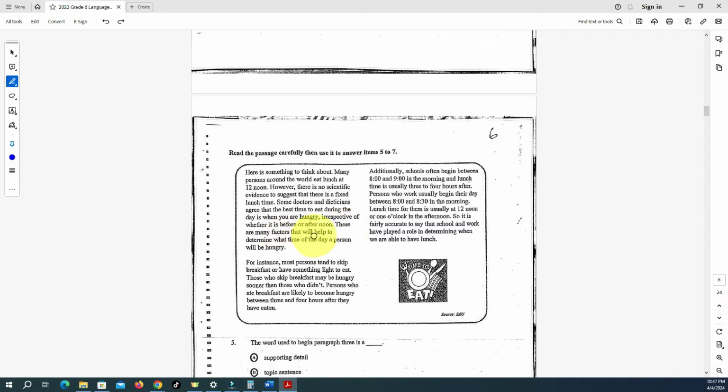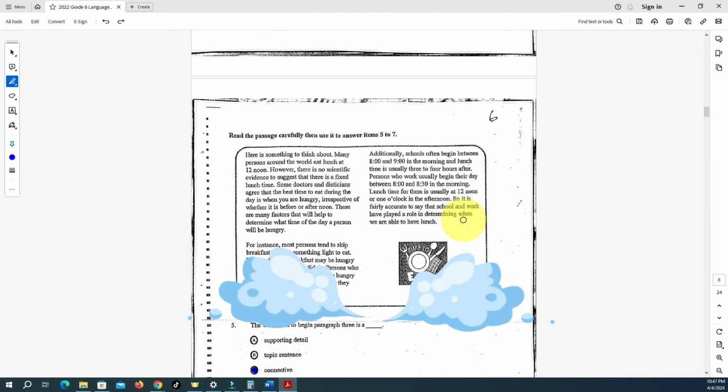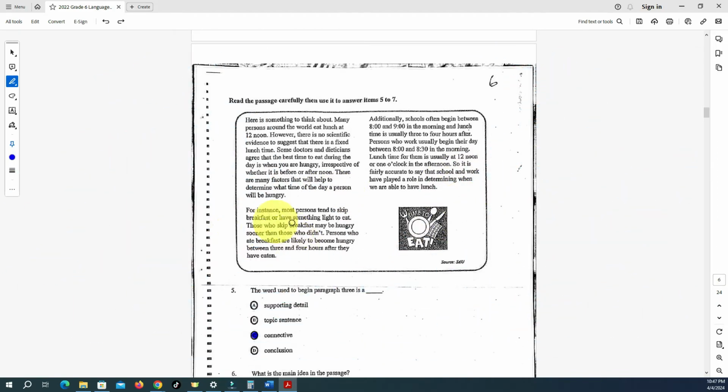There are many factors that will help to determine what time of the day a person will be hungry. For instance, most persons tend to skip breakfast or have something light to eat. Those who skip breakfast may be hungry sooner than those who didn't. Persons who ate breakfast are likely to become hungry between 3 and 4 hours after they have eaten, right?